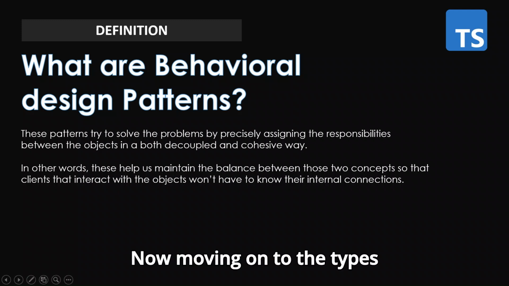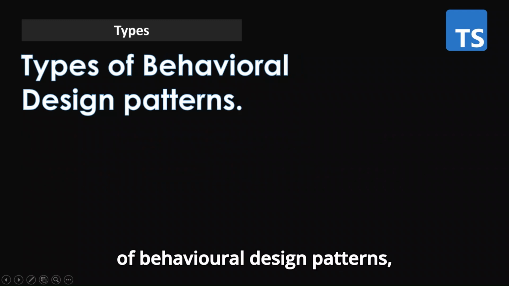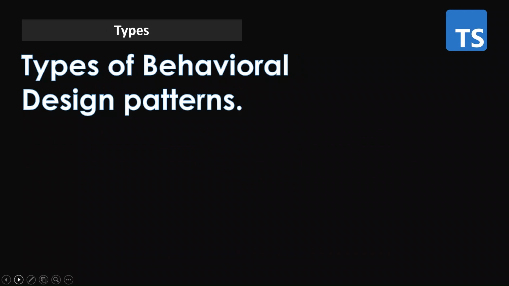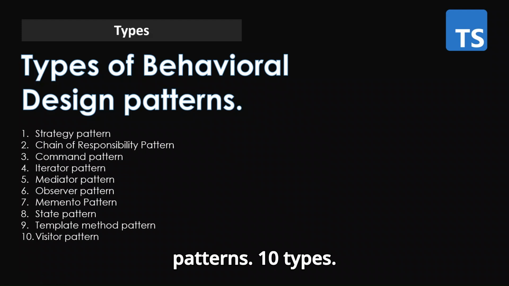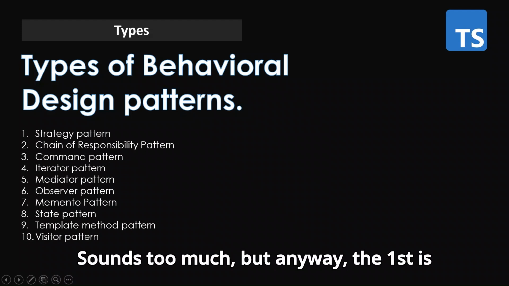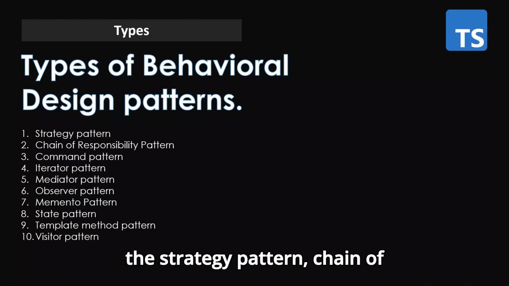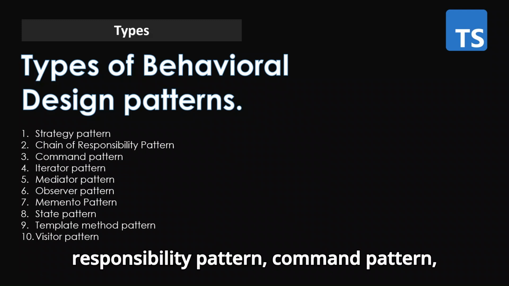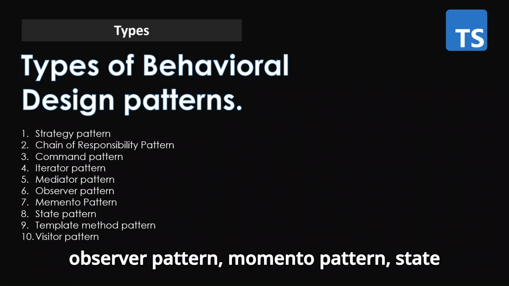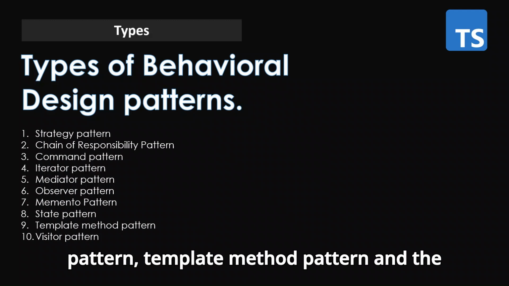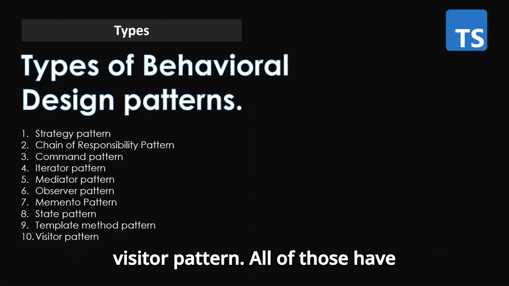Now moving on to the types of behavioral design patterns. There are 10 types of behavioral design patterns. 10 types. Sounds like too much, but anyway. The first is the strategy pattern, chain of responsibility pattern, command pattern, iterator pattern, mediator pattern, observer pattern, memento pattern, state pattern, template method pattern, and the visitor pattern.